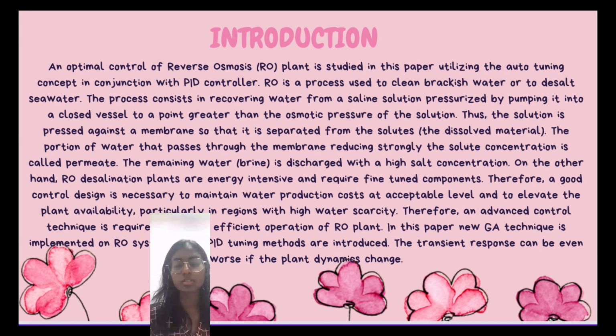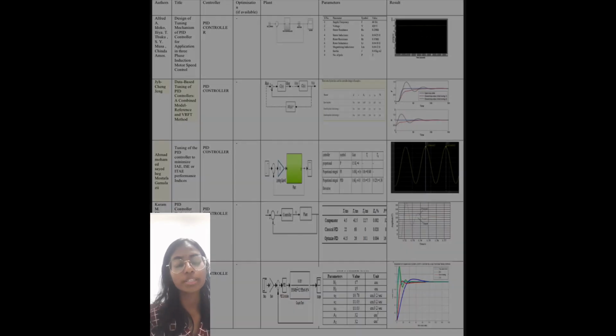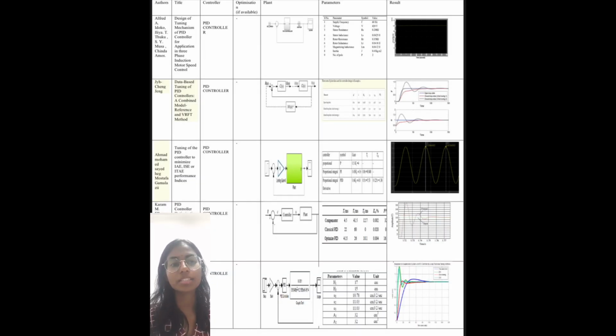So next about the 10 articles, for each article we have to identify the main components, the parameters and the result obtained. Hence, me and my teammates have found the 10 articles. For example, the first title is about the design of tuning mechanism of PID controller for application in three-phase induction motor speed.